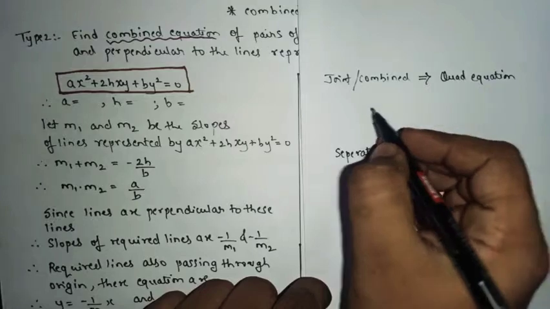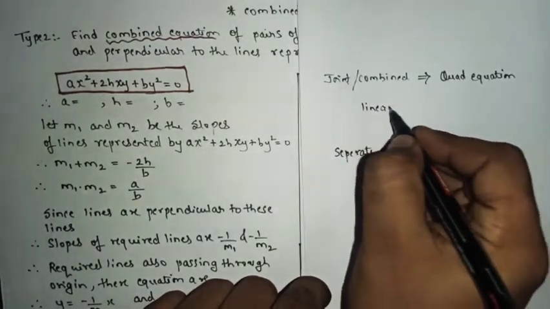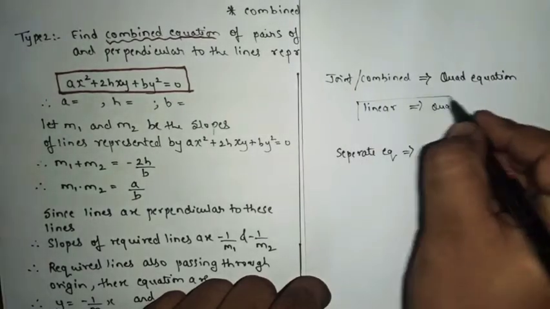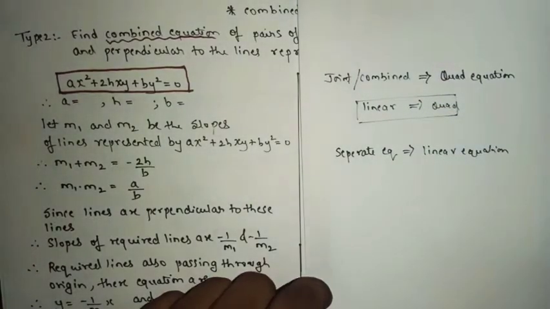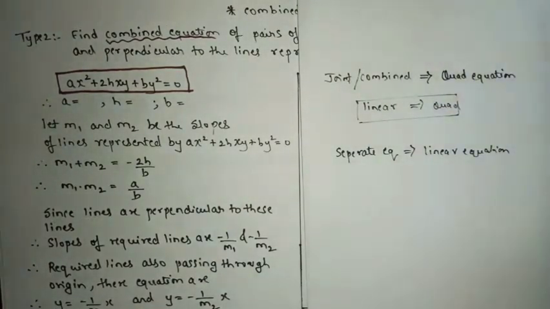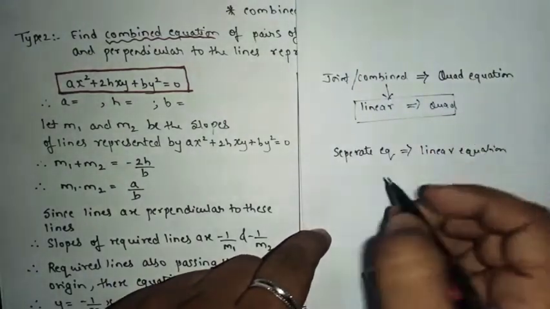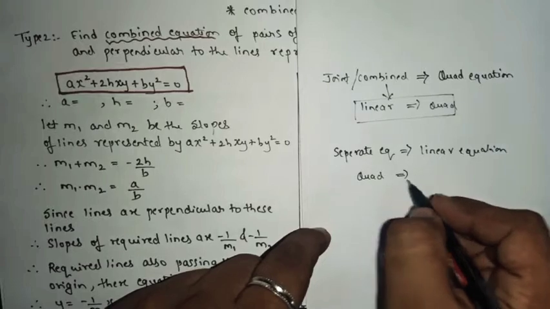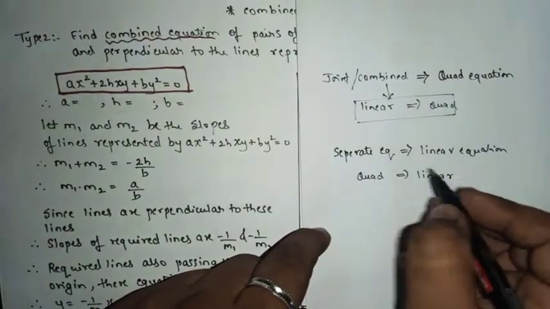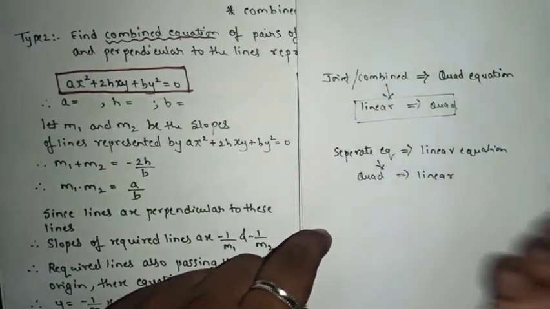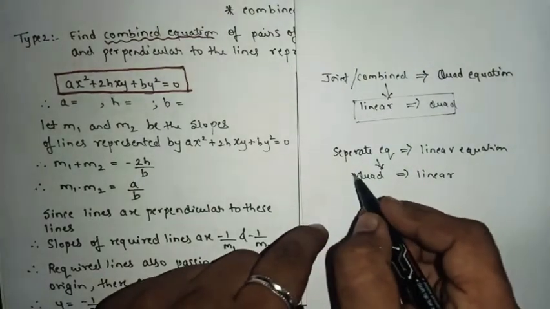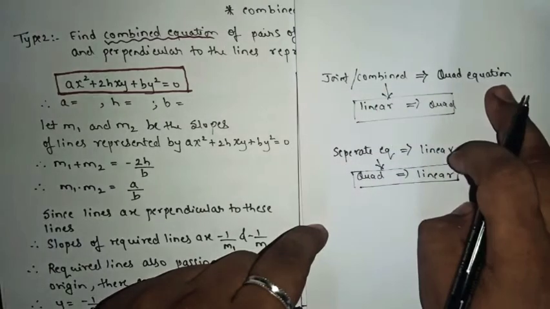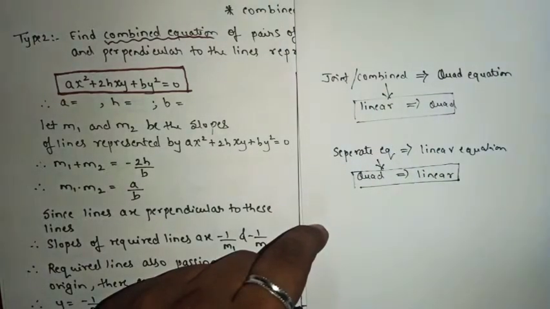It means here we have to convert linear into quadratic to get the combined equation. Here we have to convert quadratic into linear to get separate equations. So in this way you can remember joint, combine means quadratic equation, the final answer should be quadratic.